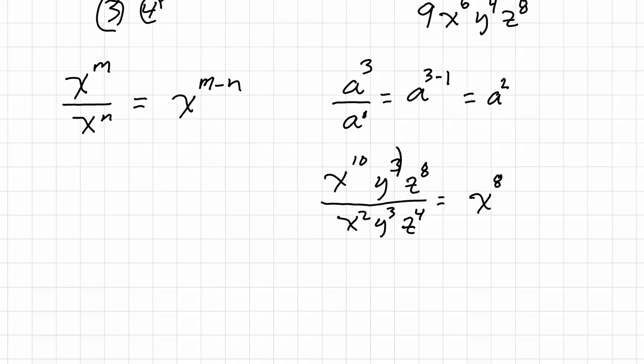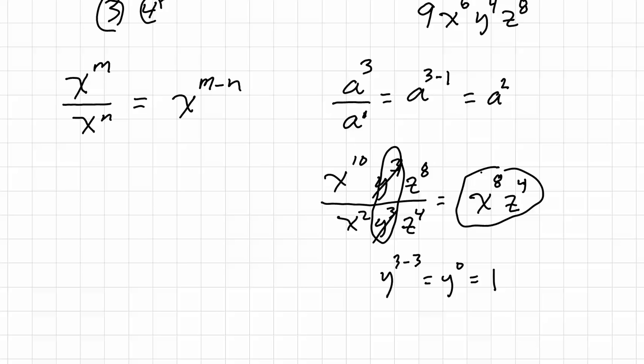The y is really y to the third minus third, which equals y to the 0, and anything to the 0 power is 1. So we'll just leave it off. It basically cancels off. And then the z, 8 minus 4 is 4. So that would be the simplification.